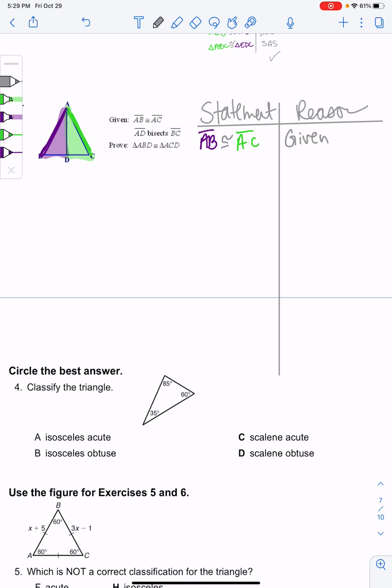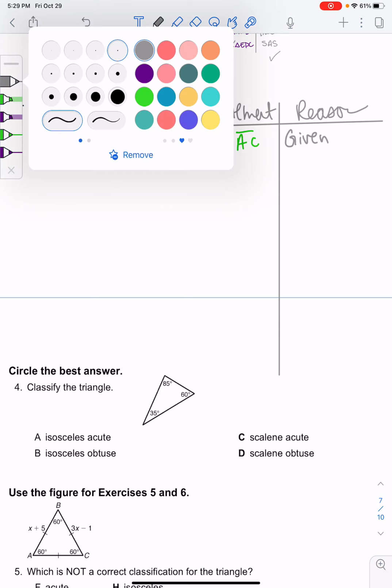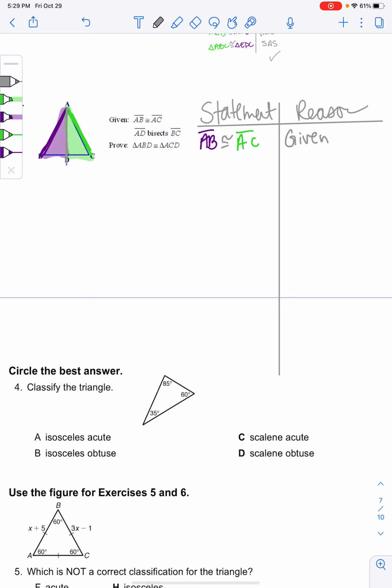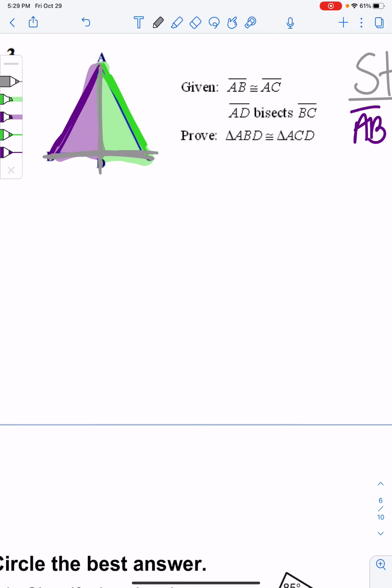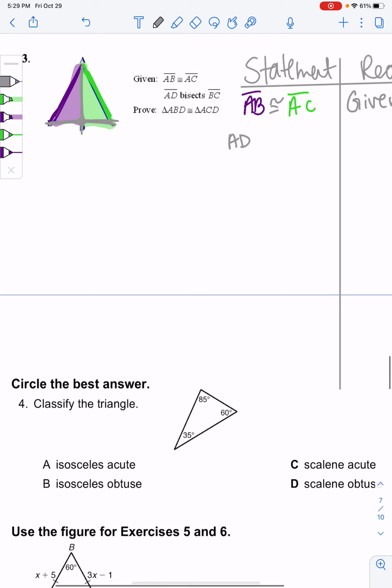They also told us that AD bisects BC. So they're saying this line down the middle, it cuts the bottom in half. So they're basically saying it cut it right down the middle. So AD bisects BC.